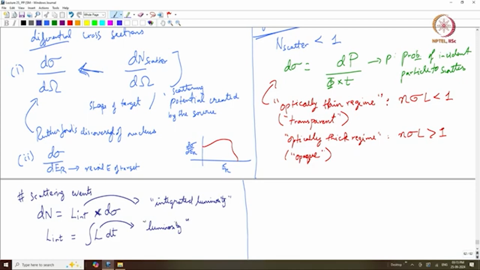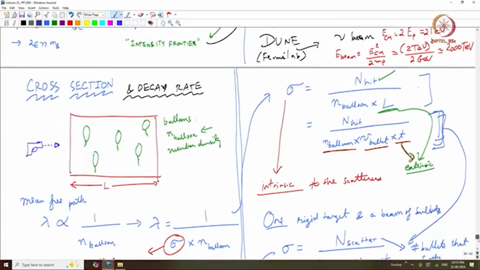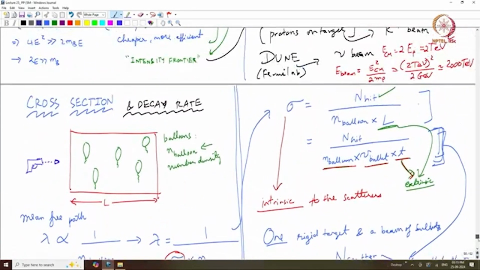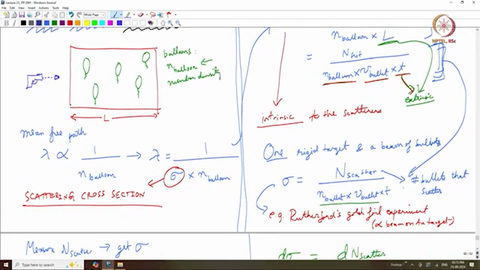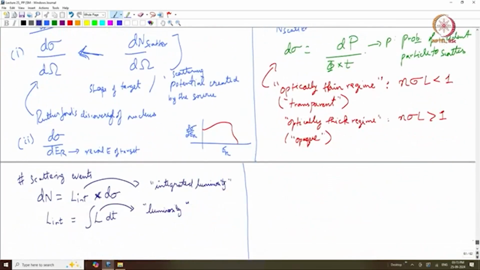Just look at the previous expressions that I was writing down. Look at this and this, or look at over here, look at this and what I've written down here. See that luminosity is nothing but the flux of the beam.